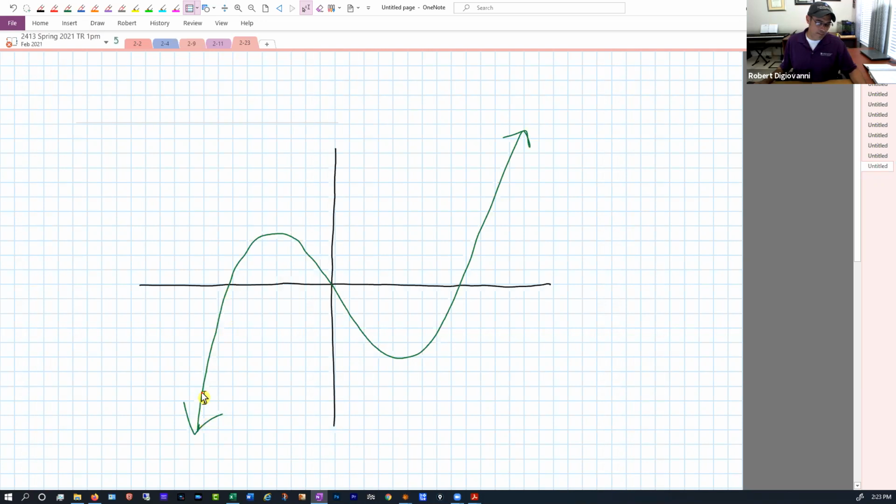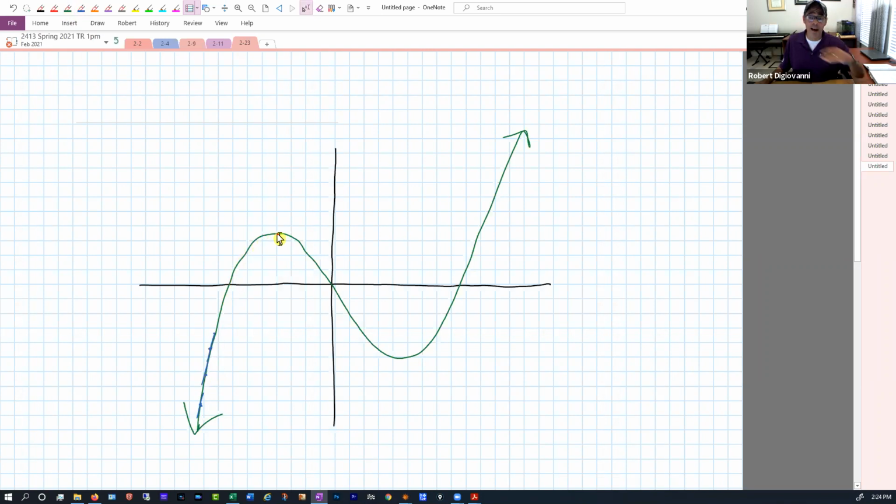Okay, now I'm going to go through and say what it was. As we're moving here, the slope of the tangent line anywhere over here is positive.